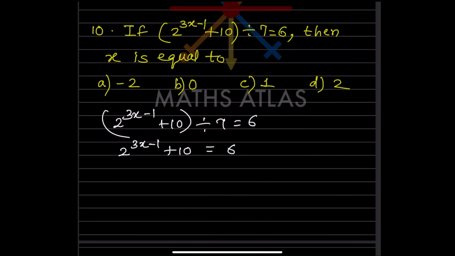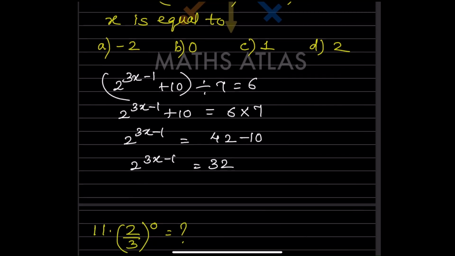So you are going to multiply this into this one. So now what will you write here? 2 raised to 3 minus 1 is, here this 42, 6 sevens are 42 for this one. And here the plus sign will go on the other side, that is going to be minus 10. So now what you can write here, this is going to be 32.